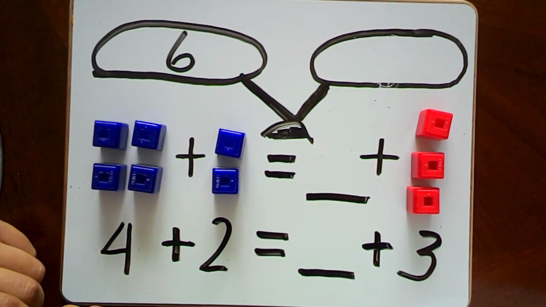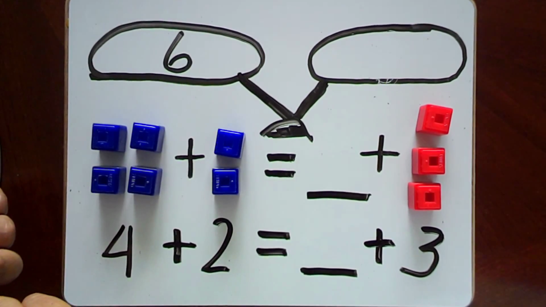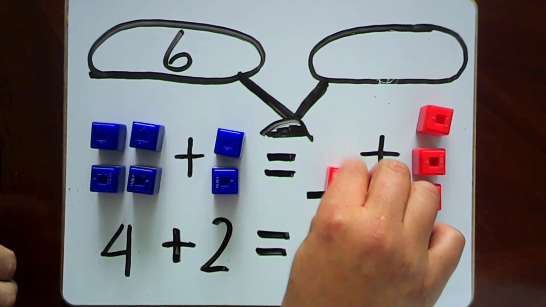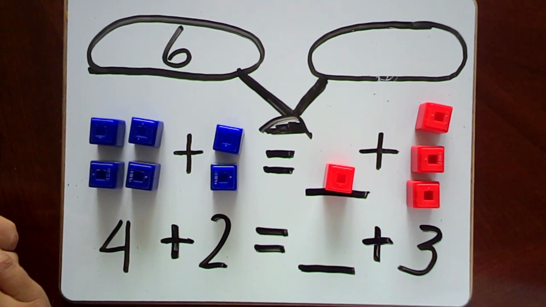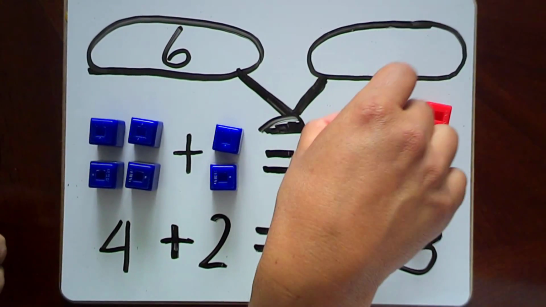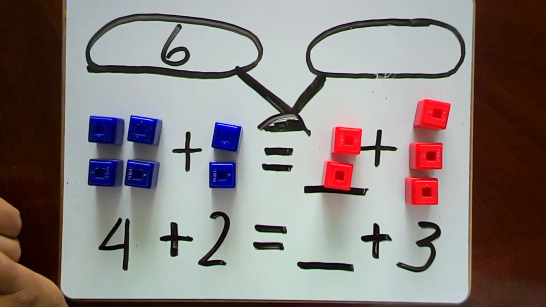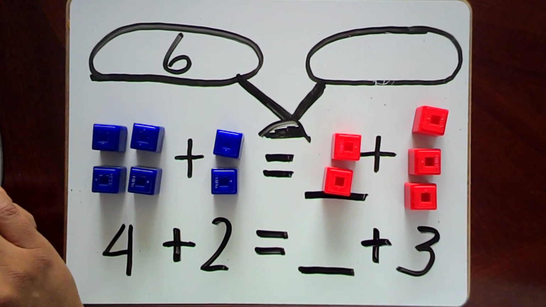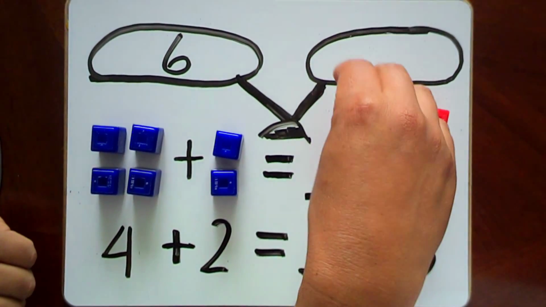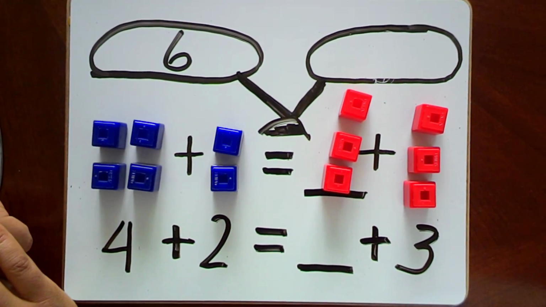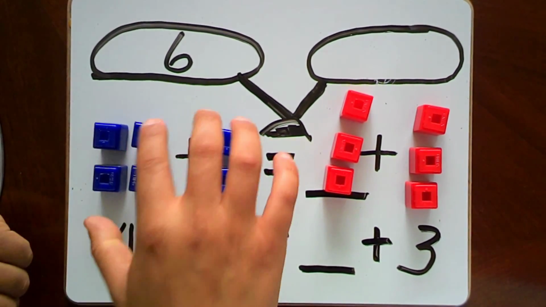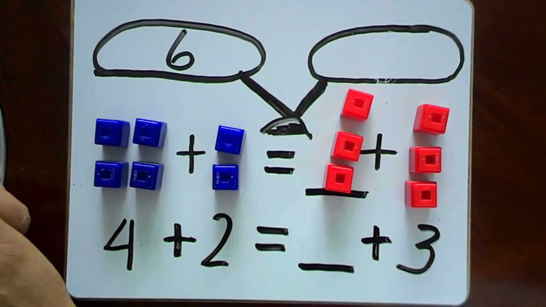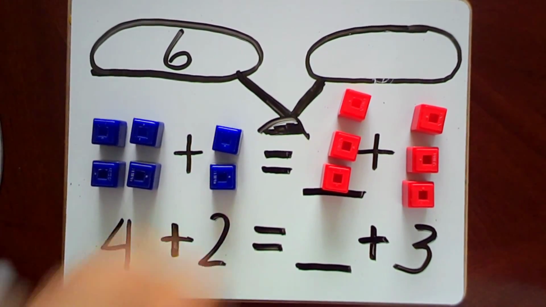So in order to make it equal, to have 6 just like the other side, I need to add, let's see, now on this side I have 4 red cubes. Now I have 5 red cubes, but it's still not equal to 6. It's still not the same. So let's add one more, and now we have 6 on this side of this equal sign and 6 total on the right side of the equal sign.